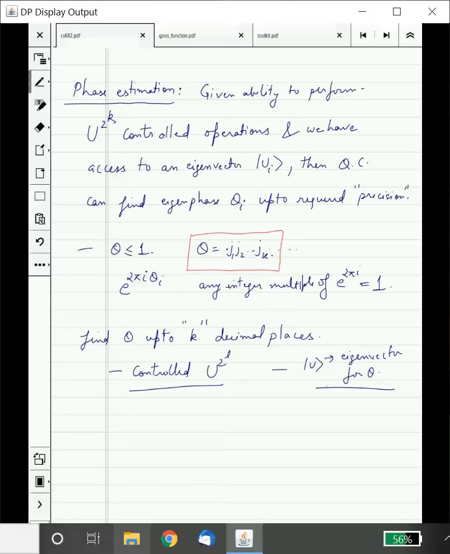To show this algorithm, let me first make two assumptions. I will get rid of these later. This will simplify the description of the algorithm. What are the two assumptions? First, I will just say that the expansion of theta has only k digits. That is kind of a simplification. In general, it could have infinite digits after the decimal, but let's keep it simple.